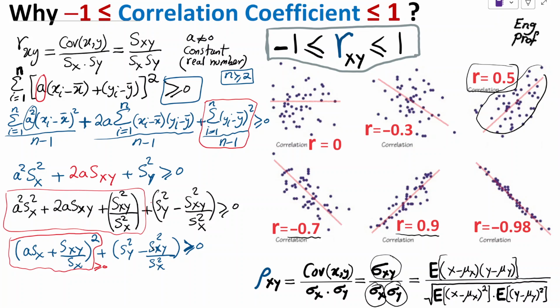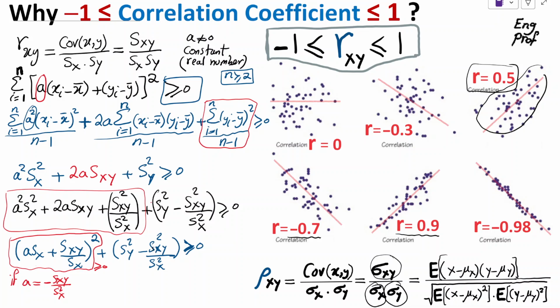Okay, the minimum value of this term is 0 when a is set equal to, for example, negative s_xy divided by s_x squared.